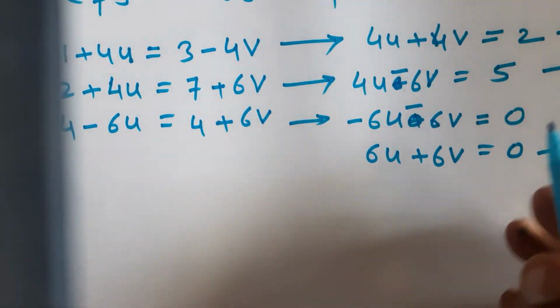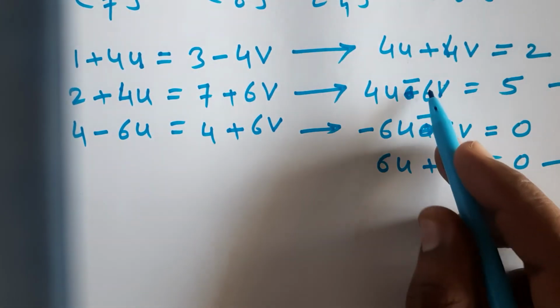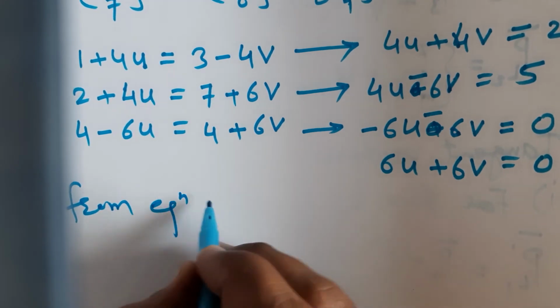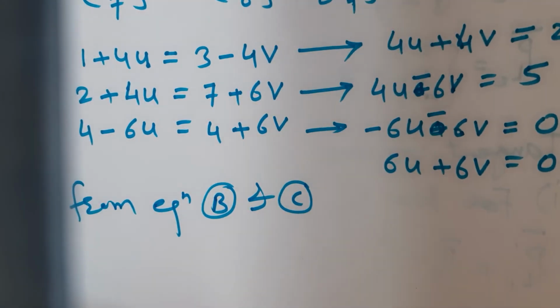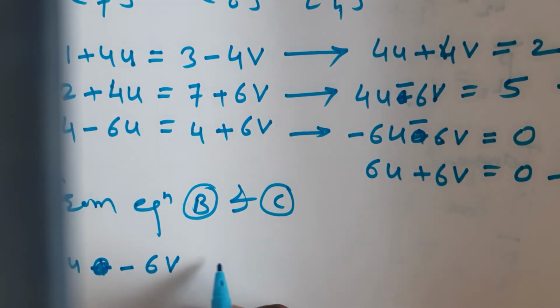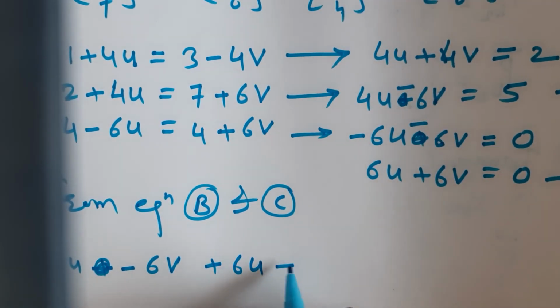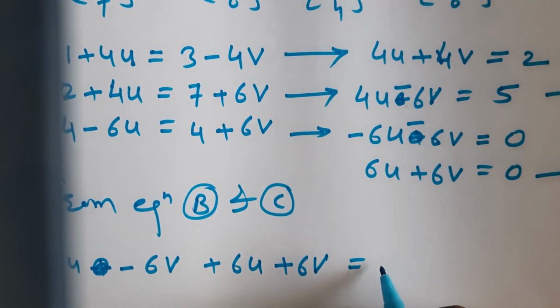Okay, so let us solve any two equations. We are solving equations B and C; we will add equations B and C. So 4u minus 6v plus 6u plus 6v is equal to 5 plus 3.